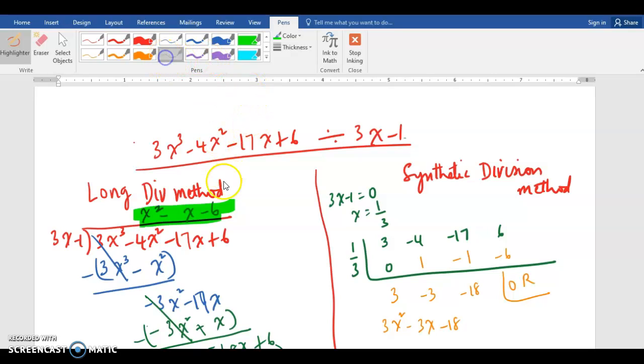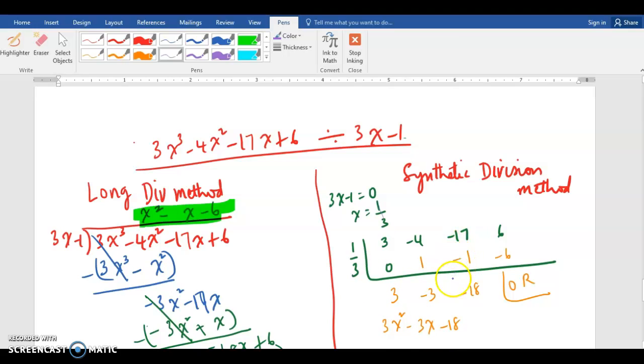You'll see that the coefficients of the quotient of the synthetic division method are 3 times the ones here that we got in the long division. So long division is an authentic division where it actually takes care of those numbers. See, 3 is the coefficient of the divisor here. But what we are doing in the synthetic is we are solving for x and we're actually dividing by a third. So our answers have been tripled.